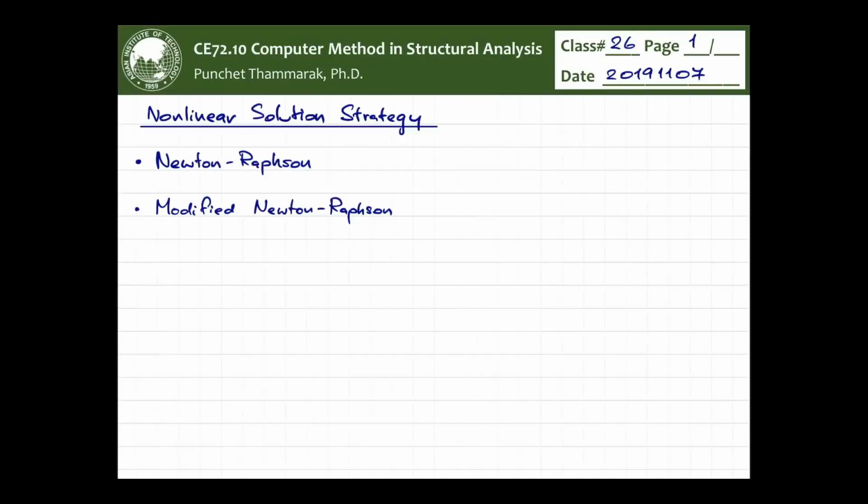As the name suggests, it is modified. So the main theme will look like Newton-Raphson, but with just a minor change.